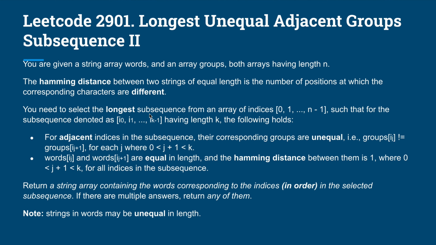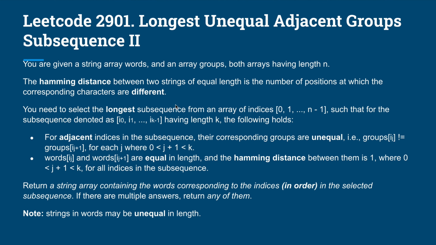So the definition of a subsequence is a selection of elements from an array in the same order, but not necessarily contiguous. So for the array a b c d e, there can be multiple valid subsequences like a c e, b d, a b c.